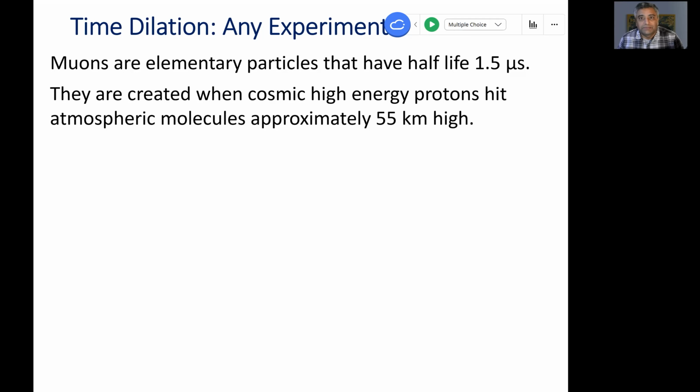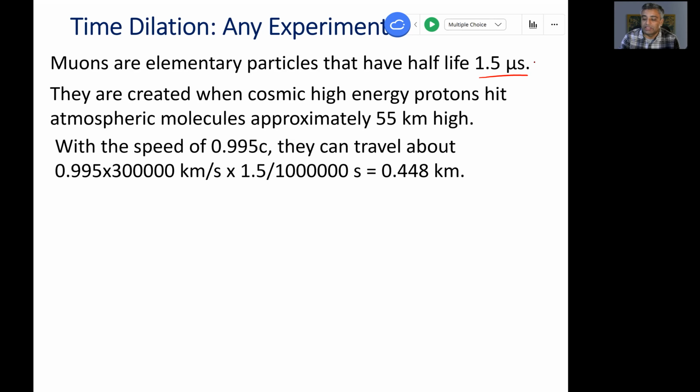And that's when this muon particle is produced, from the collision between the cosmic particle and the atmosphere, right? Now, their half-life is only 1.5 microseconds.